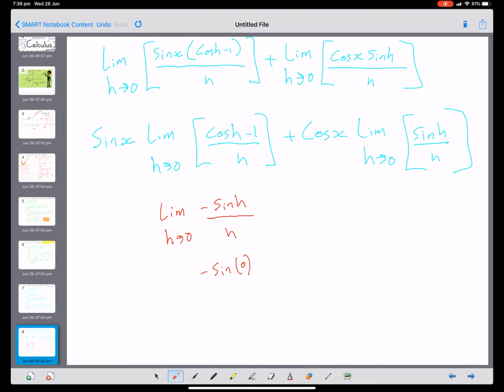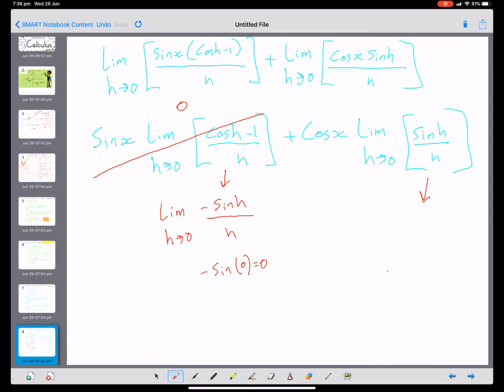On your calculators, you can see that the sine of 0 is simply 0. So all this goes to 0.